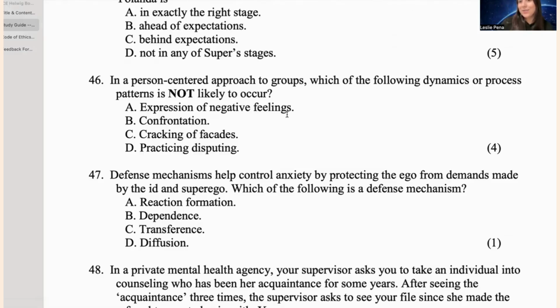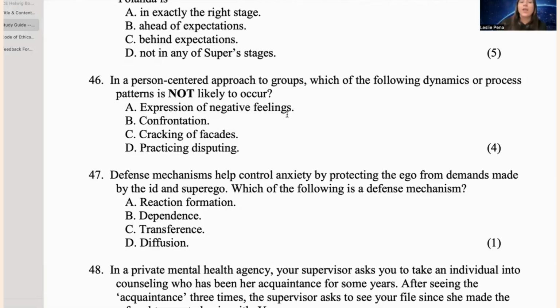Anywho, let's continue. 46. In a person-centered approach to groups, which of the following dynamics or process patterns is not likely to occur? So person-centered, think Carl Rogers: unconditional positive regard, genuineness, empathy, warmth, good things.